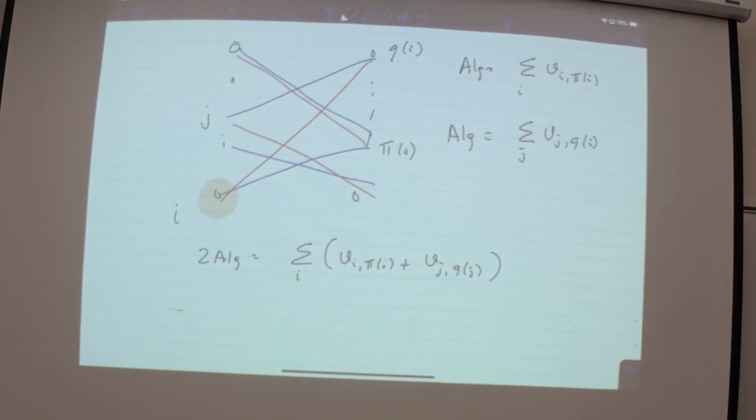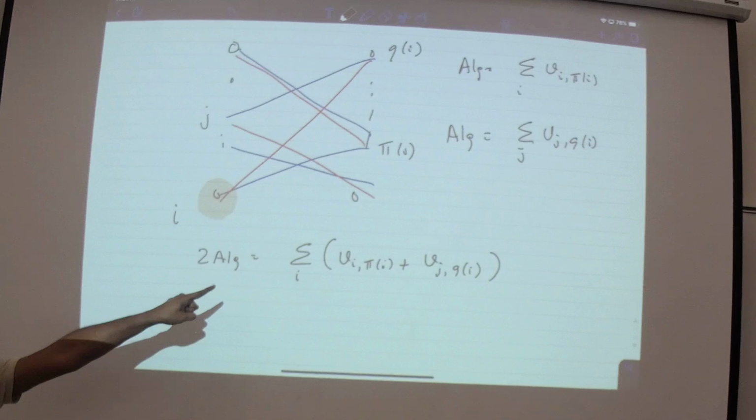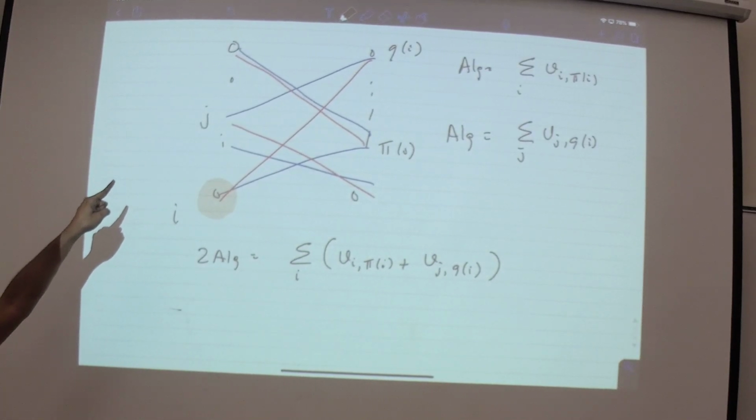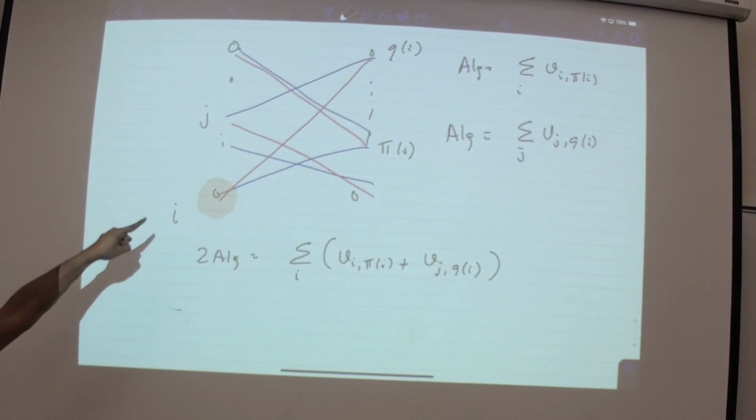Where Q of I, sorry. I got myself mixed up. Okay? Now, remember, these 2 terms refer to 2 different edges in the solution provided by the algorithm. They're both blue edges.